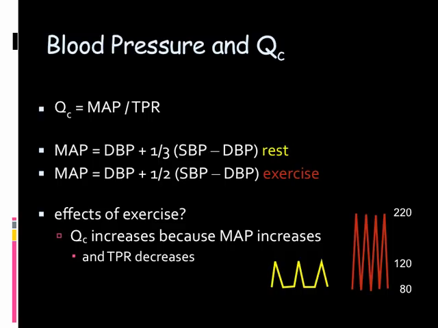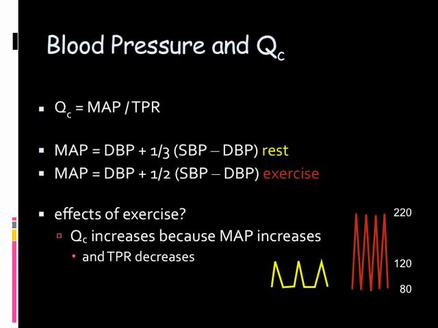This is a relationship that you really need to know backwards and forwards. And you have to appreciate and be willing to accept that as we look at the equation now, we're saying, what causes a change in cardiac output? Well, it's a change in MAP and a change in TPR. Correct.